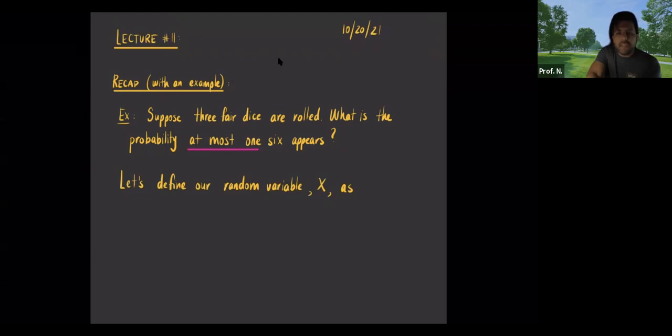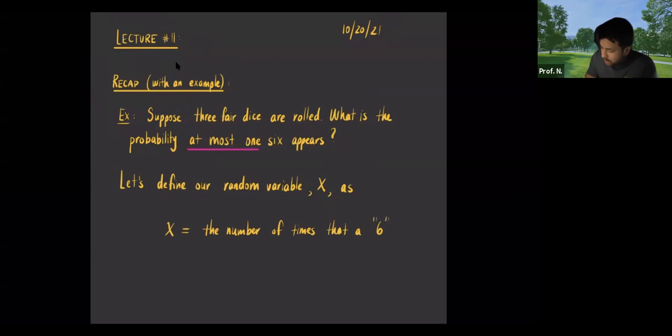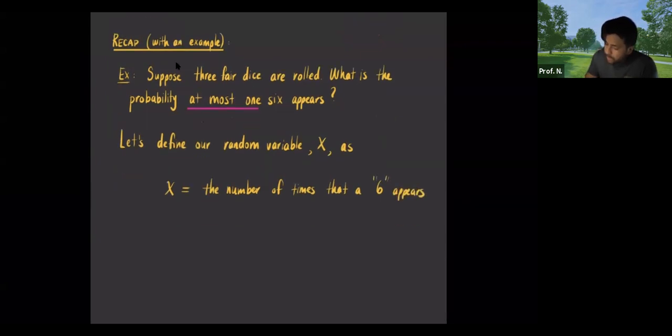The number of times that a 6 appears, right? So we can say x is the number of times that a 6 appears when rolling 3 fair dice.